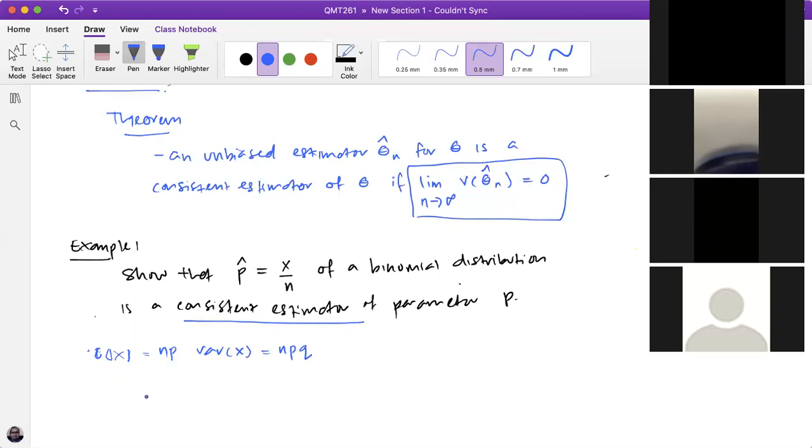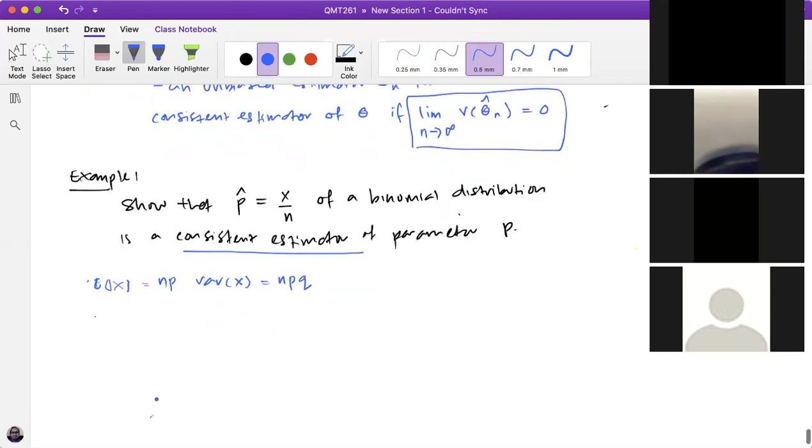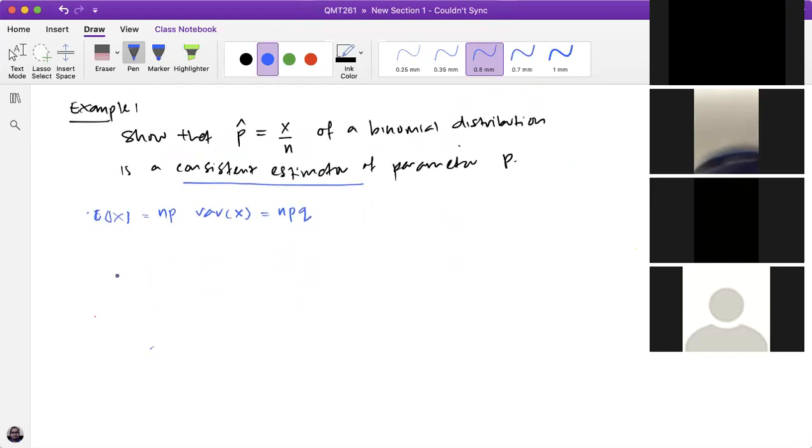Next we find the variance of p hat to prove whether this estimator is consistent. The variance of p hat is equal to the variance of x divided by n, so this is npq divided by n squared, which is equal to pq over n. So this is the variance of p hat.